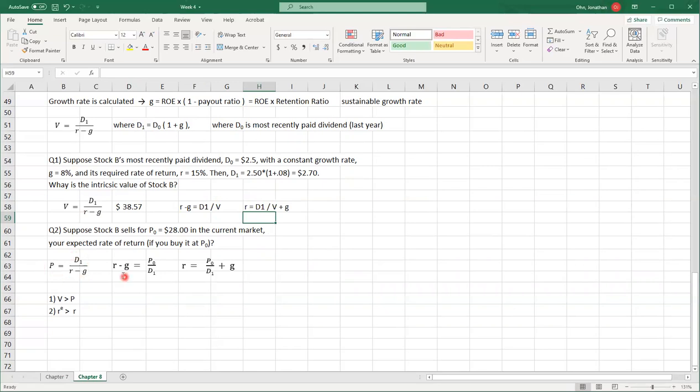R minus G is... This one is wrong, right? This one should be C. I thought I changed that. Okay.